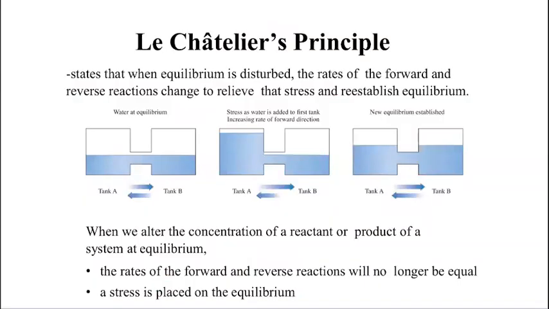Now, this whole idea of equilibrium is actually ruled by the following principle, which is called Le Chatelier's principle, okay? And Le Chatelier's principle is defined as when the equilibrium of a particular system is disturbed, then the system is going to change the rate of either the forward or reverse reactions to relieve that stress and reestablish that equilibrium.